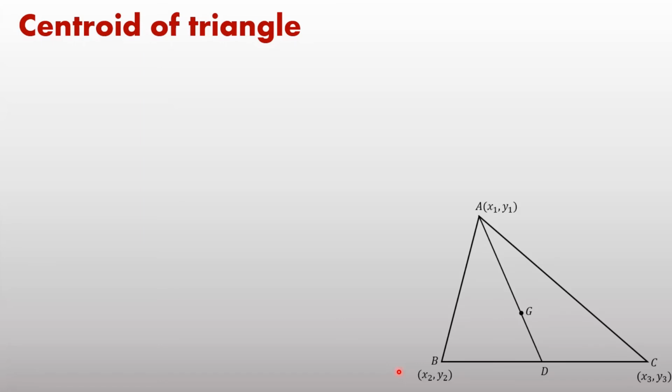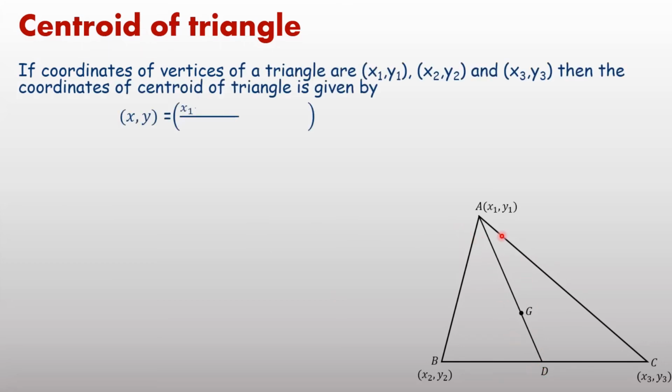Now next, centroid of a triangle. I hope all of you know the meaning of centroid. Centroid means the intersection point of the medians of a triangle. Just one median I have drawn here. A median means the line from vertex A joined to the midpoint of BC.